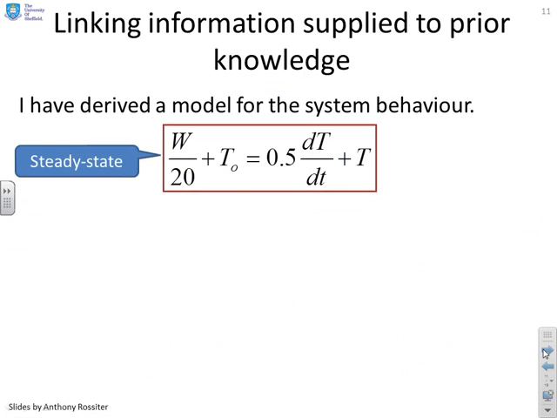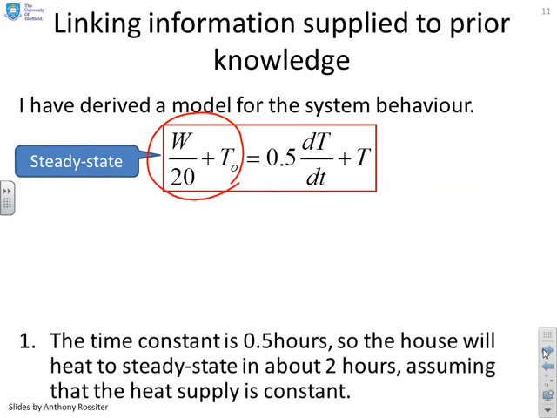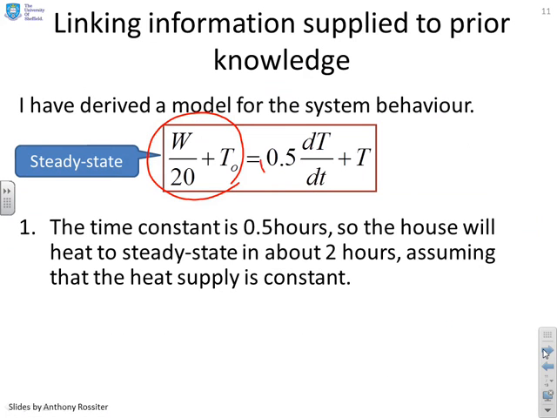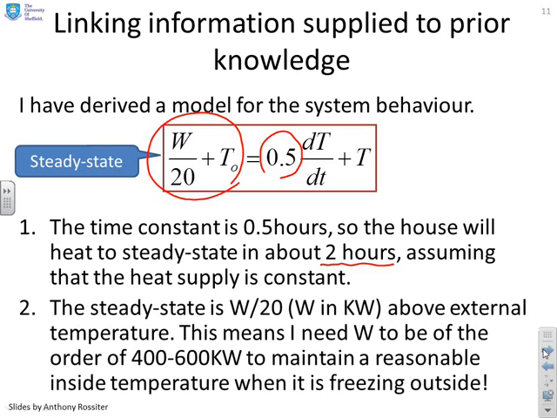So I'm restating that now. You can see the steady state, there it is, and the time constant is 0.5. If the time constant is 0.5, it tells you the house will heat to steady state in about 2 hours, assuming the heat supply is constant. And you might say, yeah, that sounds about right. I'm quite happy with this. This model seems reasonable. The steady state is going to be W over 20 above external temperature.